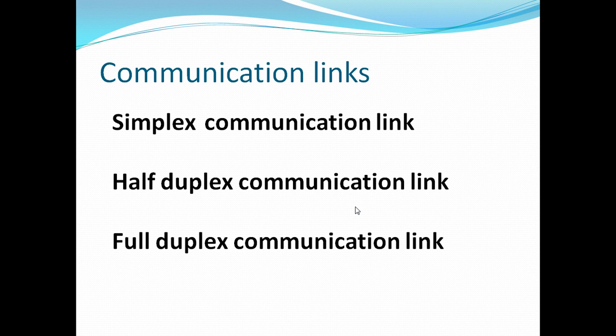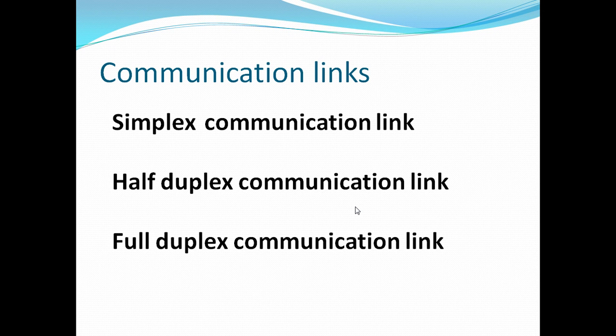Now, what is serial communication? Serial communication uses only one wire for the data transfer, and over a single wire we can transmit data in serial bit manner. That means one bit at a time only. There are various modes of data transfer between two electronic devices.